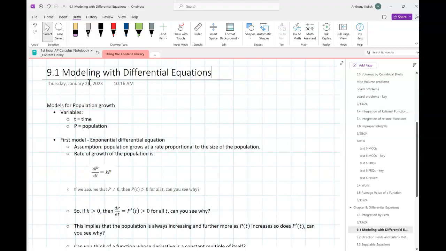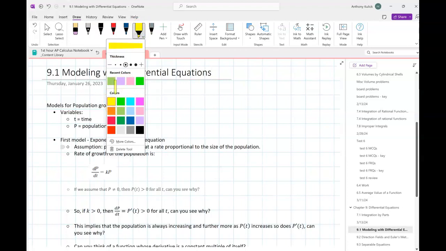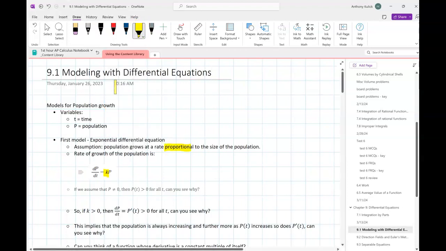So we'd say then dP dt, the rate at which the population grows, is equal to k, some constant, that's what proportional means, times P. So when you see the word proportional, you're talking about k times something.